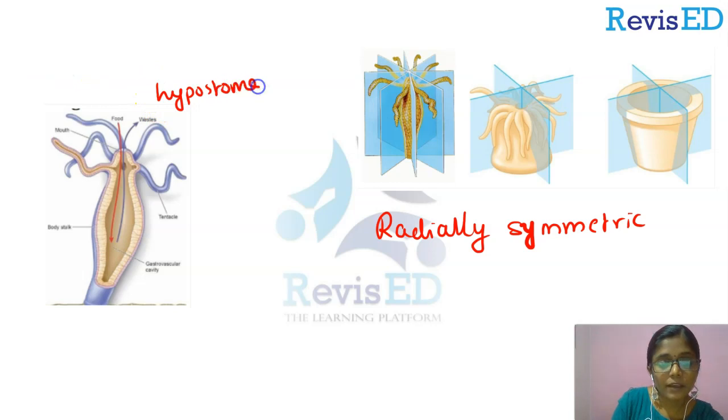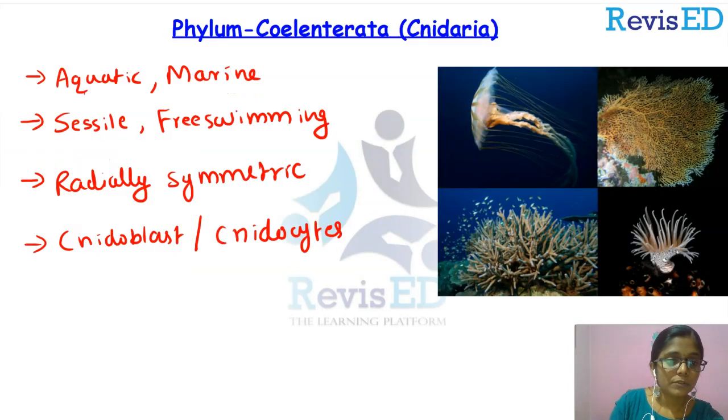hypostome. Hypostome is nothing but the oral tip which is surrounded by tentacles. This is the oral tip and it is surrounded by tentacles, and the mouth is situated at hypostome. Clear? So what about the digestive, gastrovascular cavity?